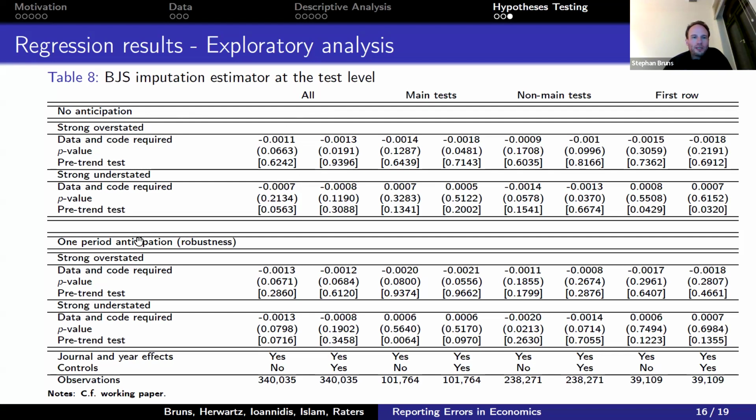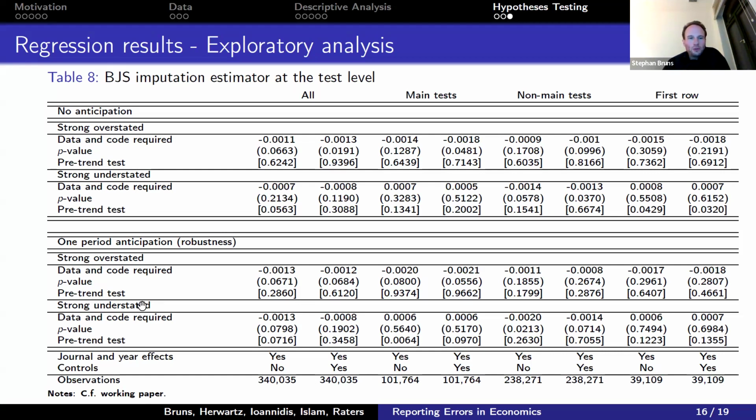Then we looked for robustness to anticipation, because data and code policies might be discussed in conferences, for example. We looked at what happens one year before the treatment, so we assumed that the treatment is one year earlier. And we can see that the results further support that there is an effect of data and code availability policies on strong overstated reporting errors.